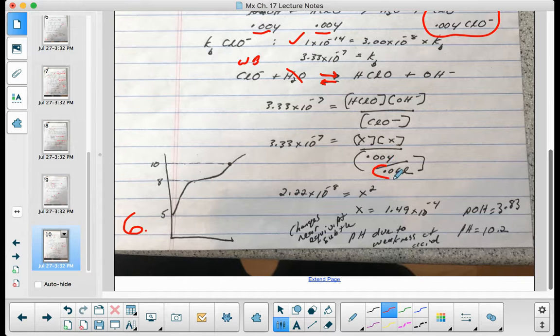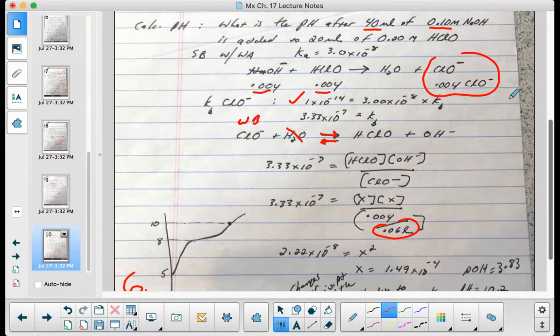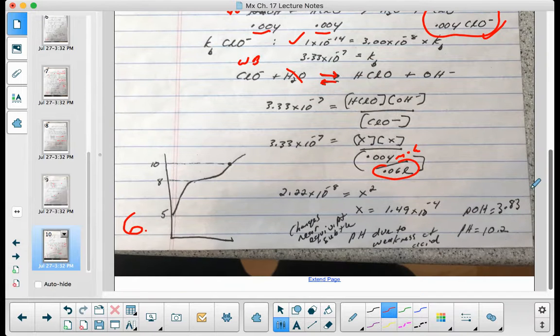This is where the liters make a difference now, because I had 0.004 moles of that ClO negative, but I got that ClO by adding 40 milliliters of this and 20 milliliters of this. So that now means that this is in 60 milliliters altogether. So I have to take that mole value and divide by 0.06 liters. Then I do a little bit of math. I solve for my x.